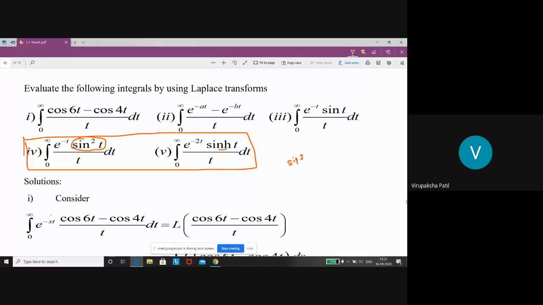One minute, I'll write it correctly, otherwise some people may get confused. Sine square t, you have to write as 1 minus cos 2t divided by 2. After writing this, you have to find Laplace transform of this. Already we did this in the standard form, but they have given a different way, so you have to convert and simplify this. At the end, whatever answer you got, you have to put s is equal to 1, then you will get the required answer.